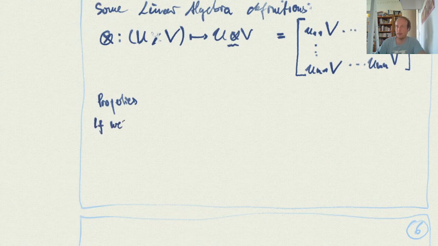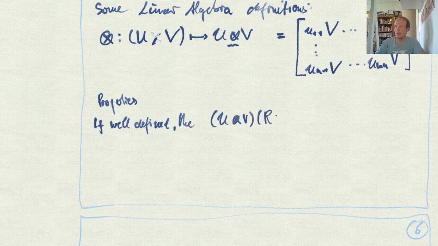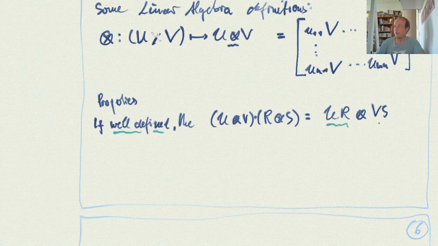If well defined, then one knows that (V times R) times S is R times VS. This is the standard matrix multiplication, and well defined means that this product has to be well defined.